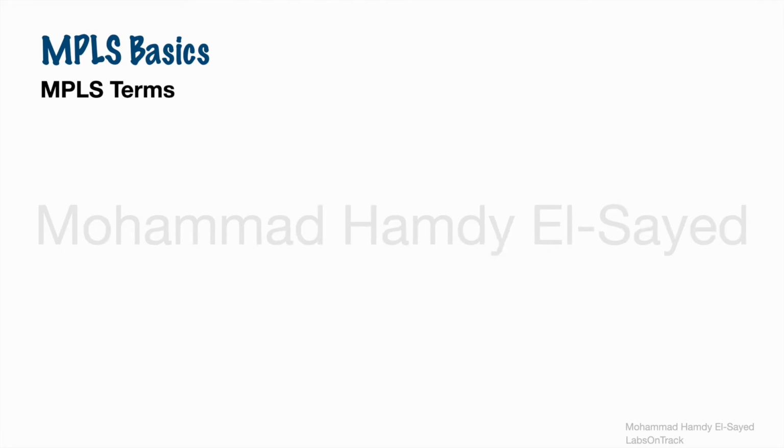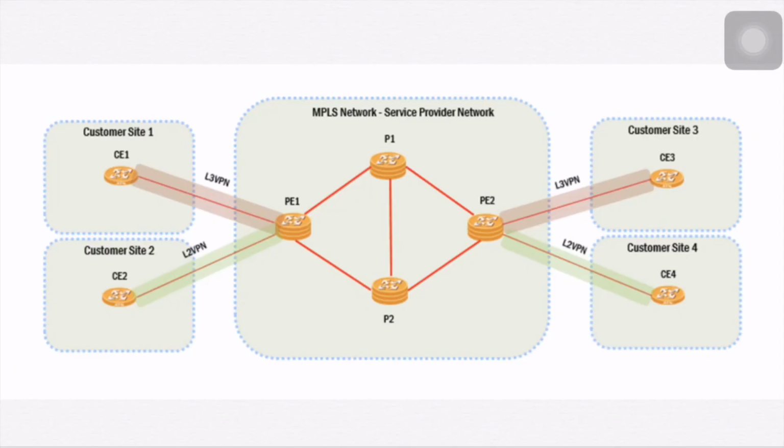In this slide, we will introduce some MPLS terms that will be used throughout our course. We can see here in this network diagram the MPLS network, or the service provider network. This network consists of a number of routers.